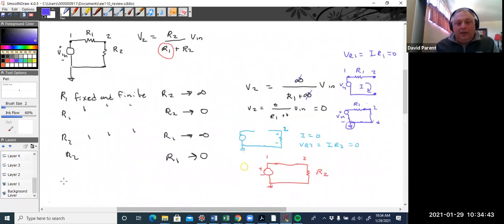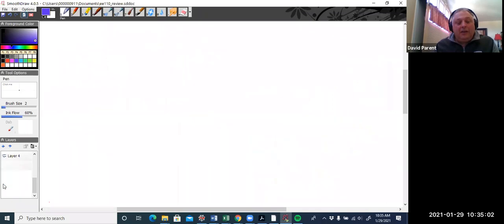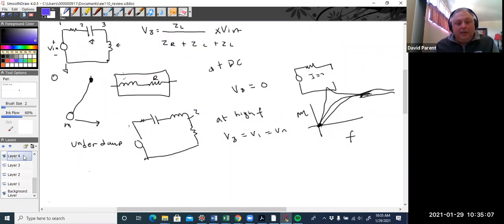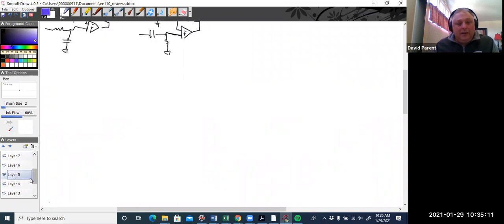Just to bring ourselves up to speed, we talked about an intuitive way to look at things when R1 was infinite or shorted, when R2 was infinite or shorted, and then we looked at how that went with inductors and capacitors and impedance. We talked a little bit about RLCs.